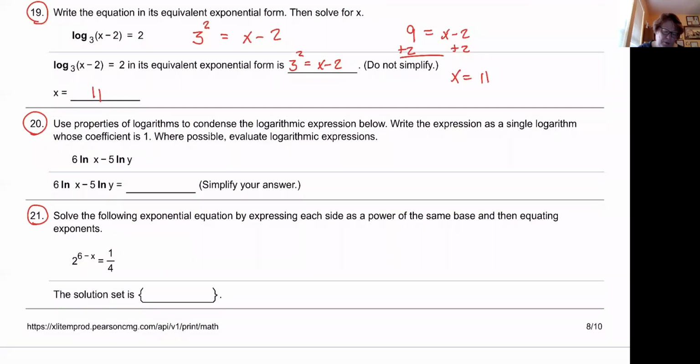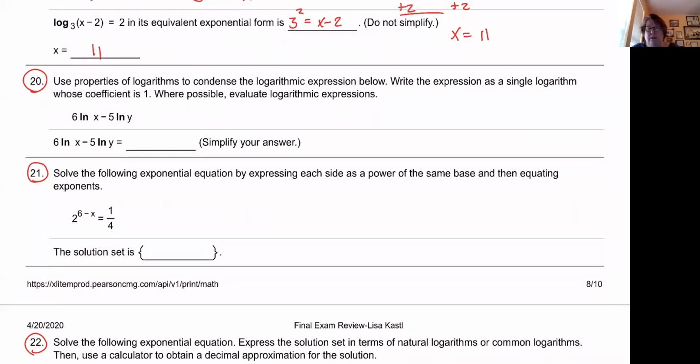All right, problem 20 is to condense logarithms into a single logarithm, and this is a subtraction, so you're going to have a quotient. The first thing we're going to do, if I have a constant outside a logarithm, I can take that in as a factor.